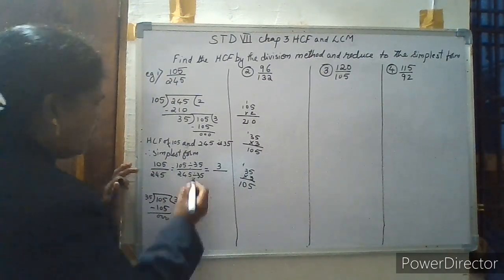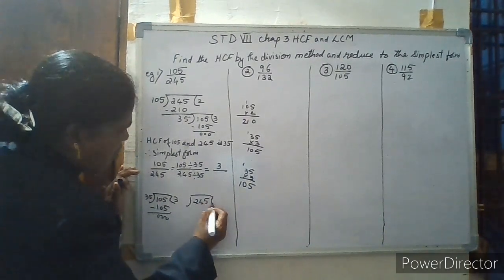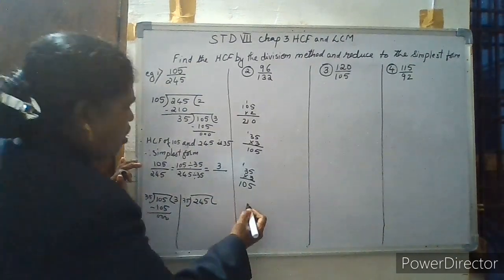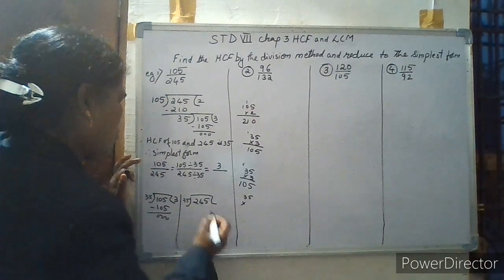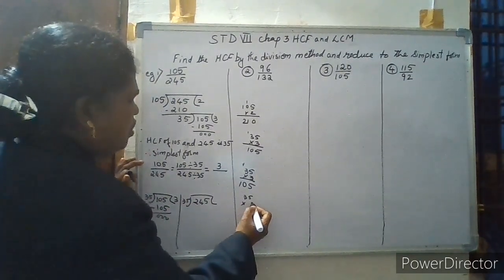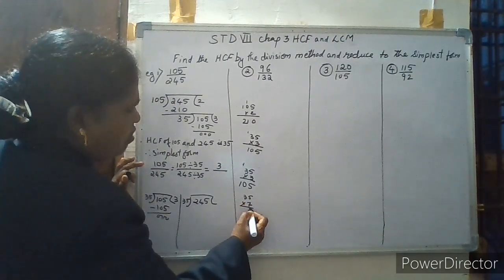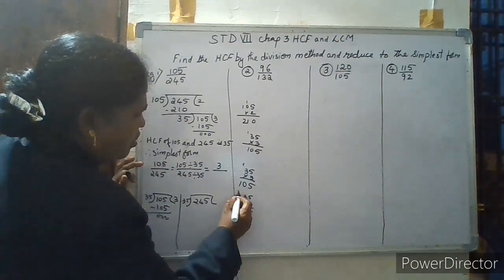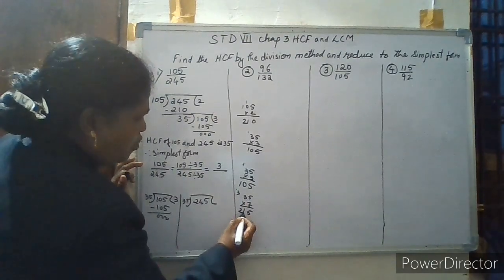Now next is 245 divided by 35. So 35, let us take suppose 7. 7 fives are 35, 5 carry 3. 7 threes are 21, 22, 23, 24.